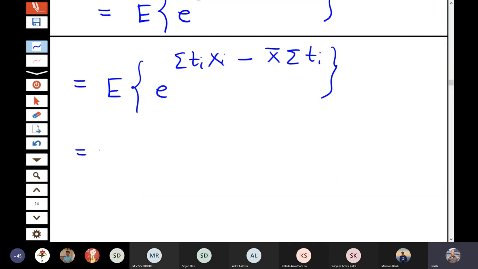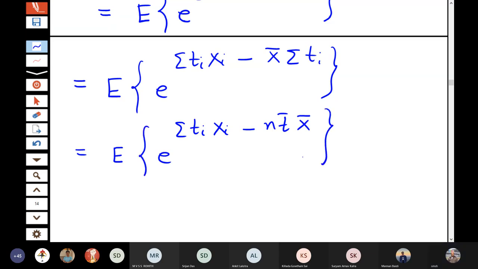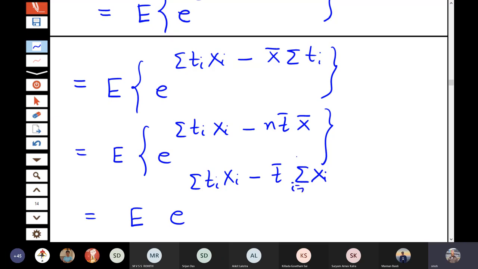We can write this as the expectation of e to the power sigma ti xi minus n t bar x bar. That is equal to the expectation of e to the power sigma ti xi minus t bar sigma xi, since n x bar I can write as sigma xi.